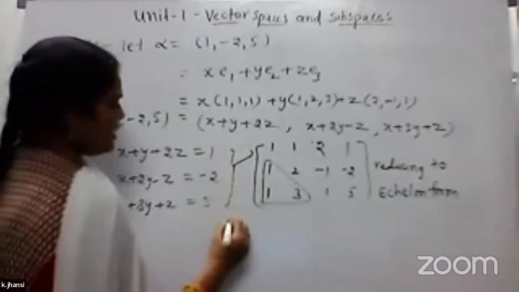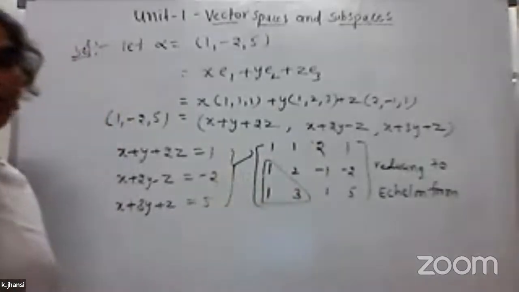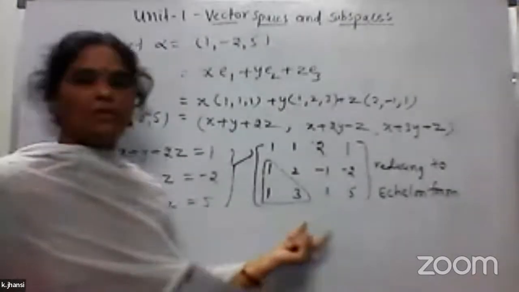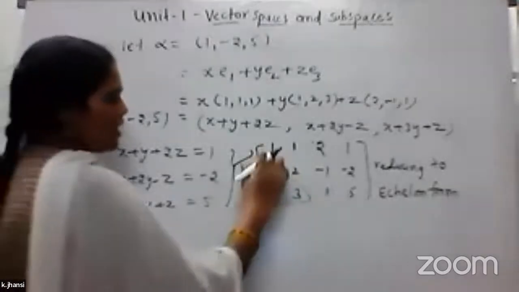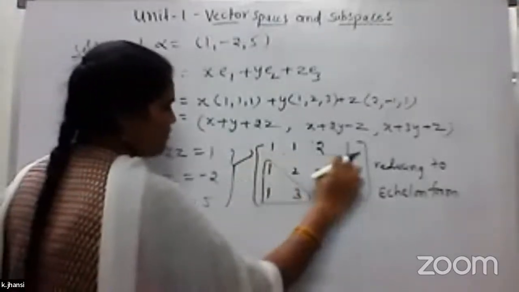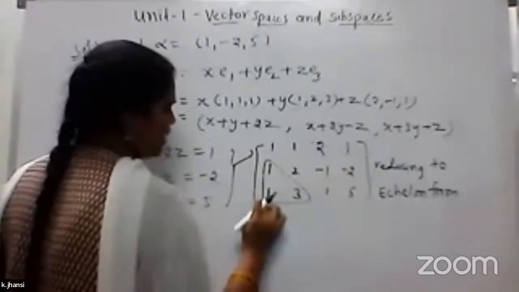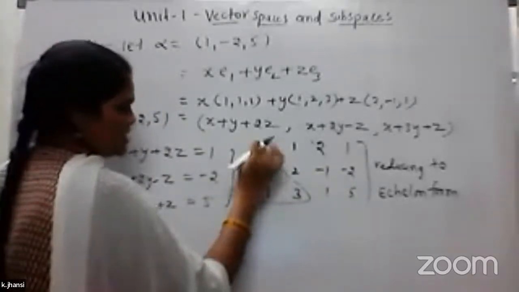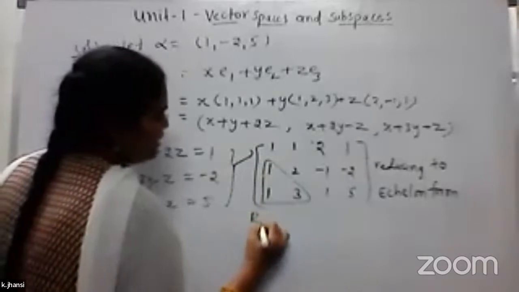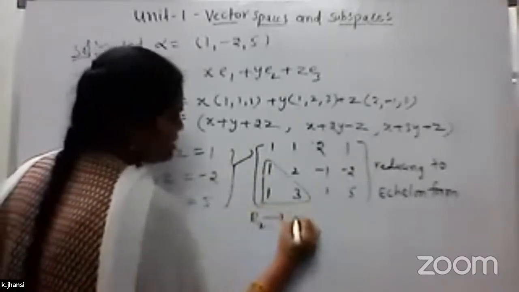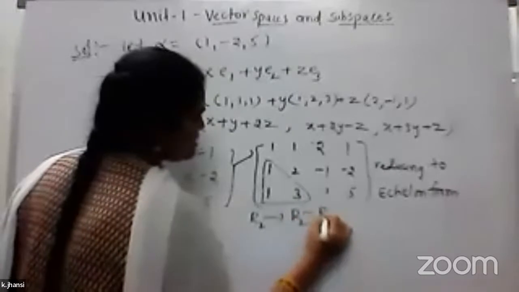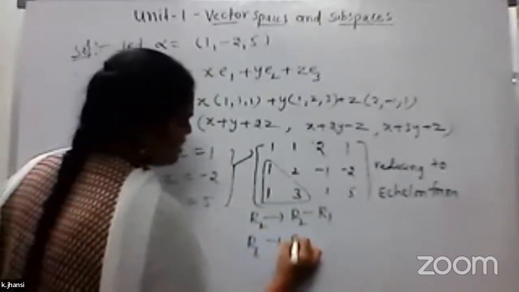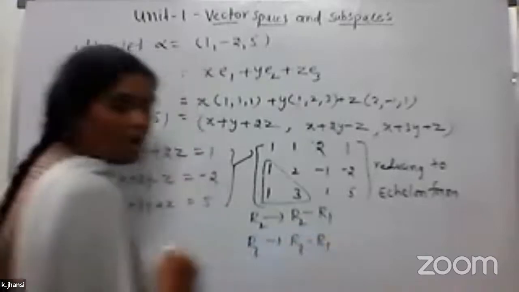For that, elementary operations will be there. To reduce any matrix, we use elementary transformations. This is row R1, this is R2, and this is R3. So the operations are R2 = R2 minus R1, and R3 = R3 minus R1.